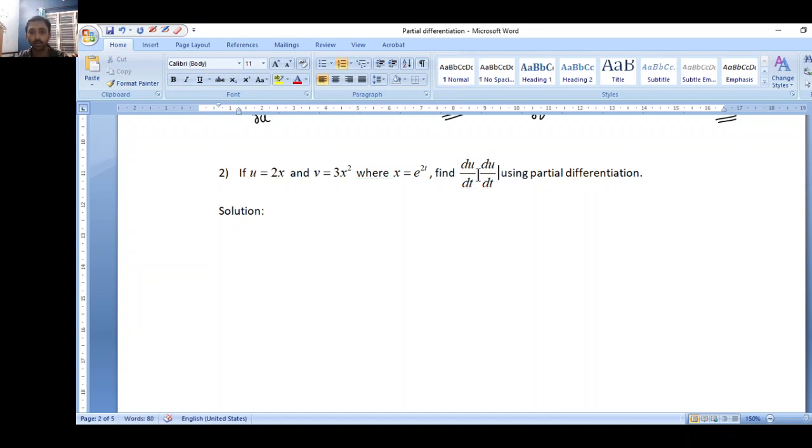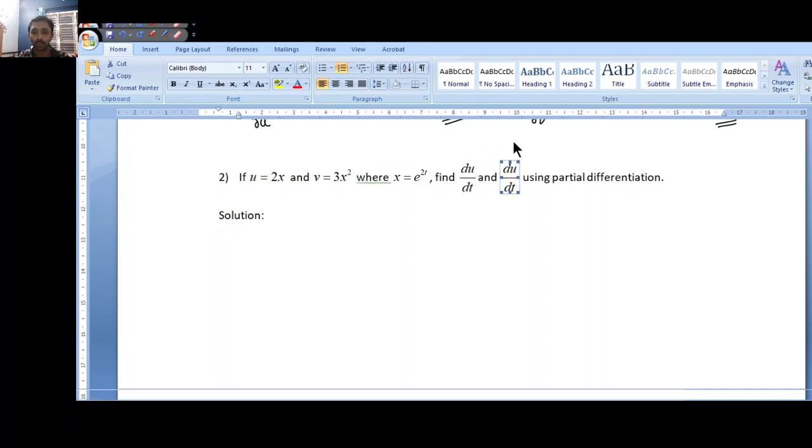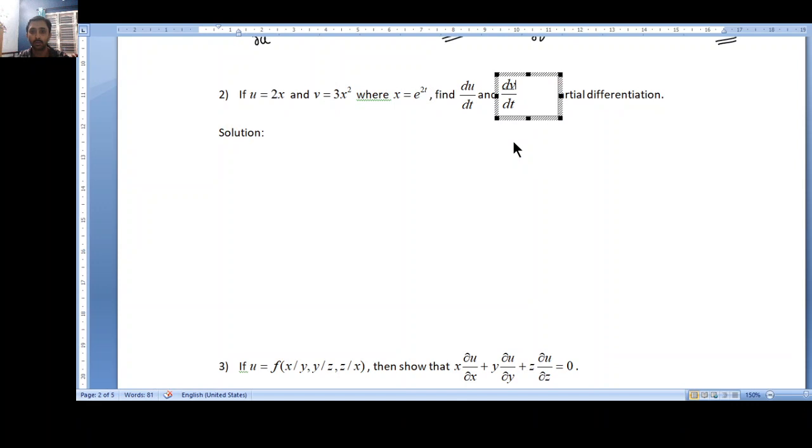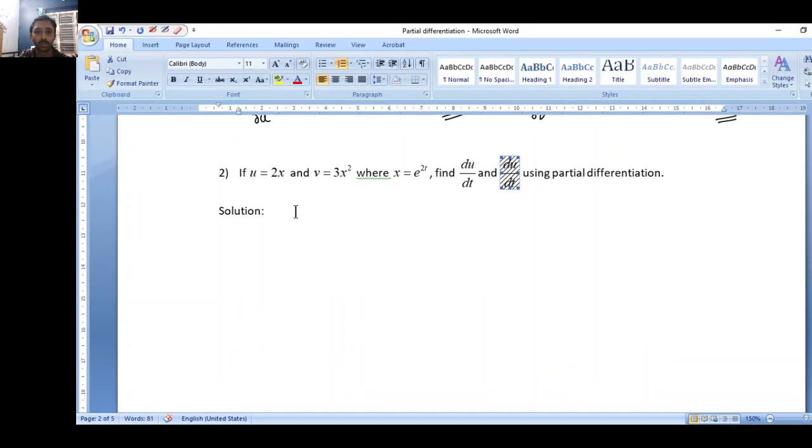containing another term to be found. So I'm modifying the question for you a little. Okay, so the question is, if u is 2x and v is 3x², find du/dt is what is given. Now to answer this question, once again we'll make use of the diagram that I have drawn earlier.